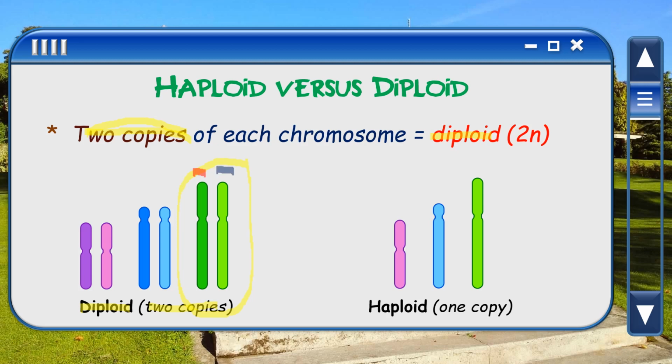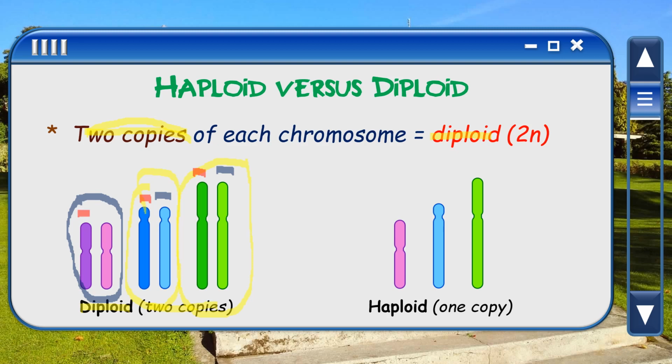The same applies here. This is another chromosome. One copy came from the maternal and another copy came from the paternal. These are two chromosomes, so we refer to them as diploid.